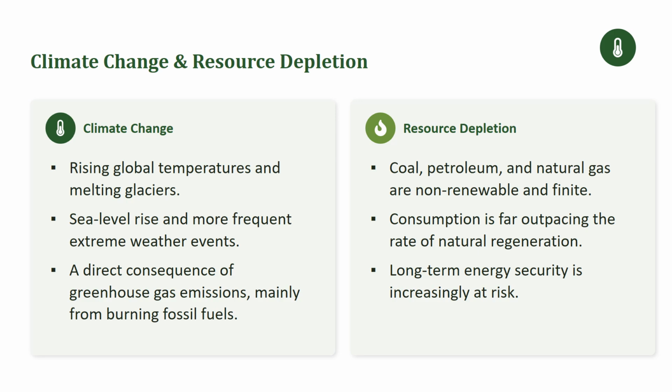And in resource depletion, coal, petroleum and natural gas are non-renewable and finite. Consumption is far outpacing the rate of natural regeneration. Therefore, the demand cannot be met by the regeneration of the sources. Long-term energy scarcity is increasingly at risk.